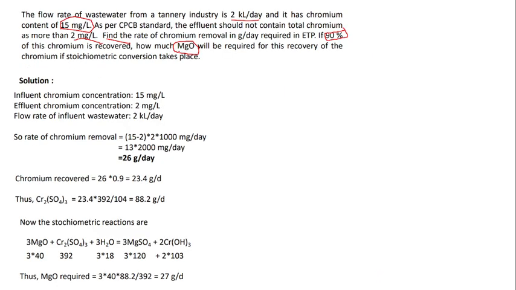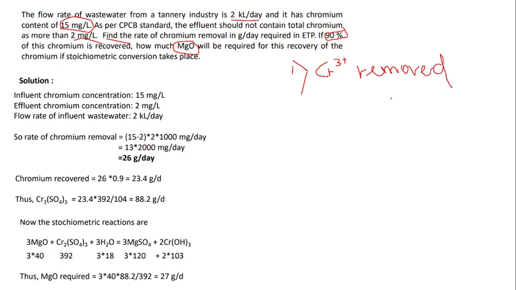So how much magnesium oxide is used in this process to recover this chromium? They are asking. Two questions are there. One is to find the rate of chromium removal, the amount of Cr3+ removed.